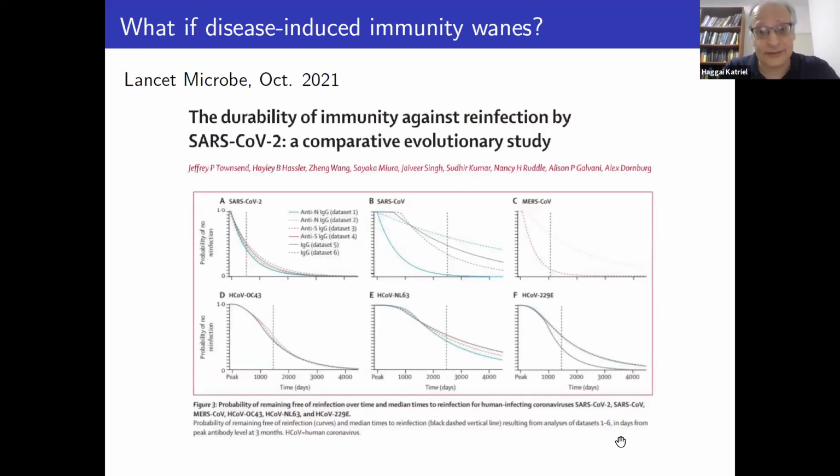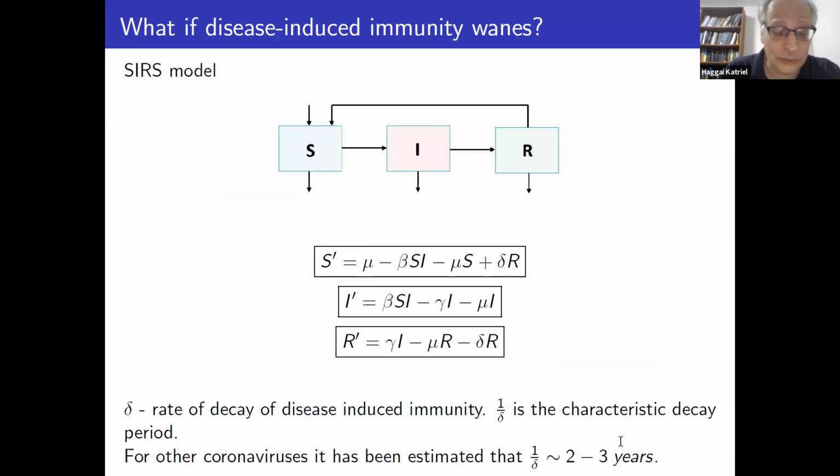If you add this waning of immunity, now I'm talking about immunity induced by infection. So now looking at other coronaviruses which are endemic in the population, it seems that the immunity induced by disease might last for about 3 years. If you put that into the model, you have what is called the SIRS model.